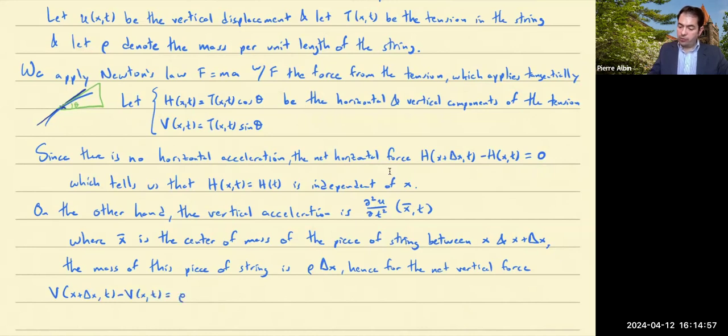This would be equal to rho times delta x times the second derivative of u with respect to time evaluated at x bar comma t.